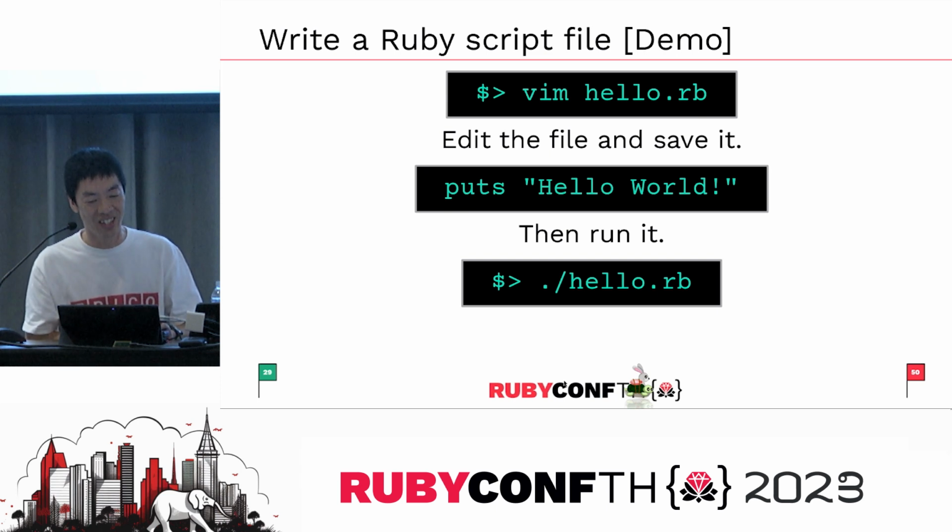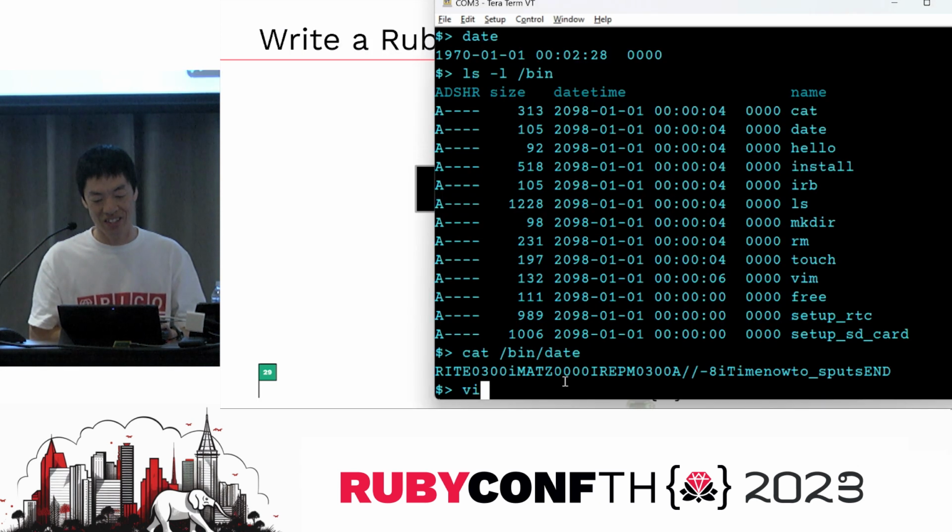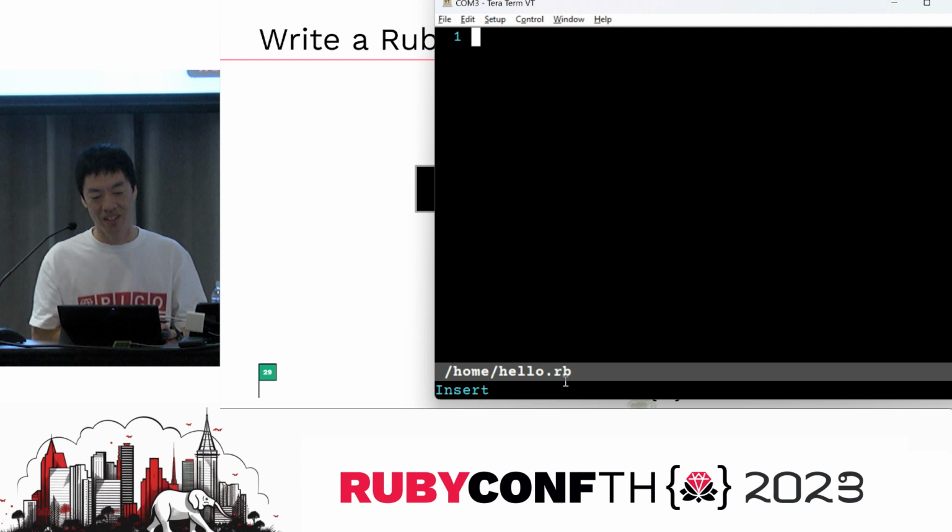Furthermore, you can use a text editor. Vim hello.rb, test, hello, Ruby Conf Thailand. Of course, we need to say it 3 times.